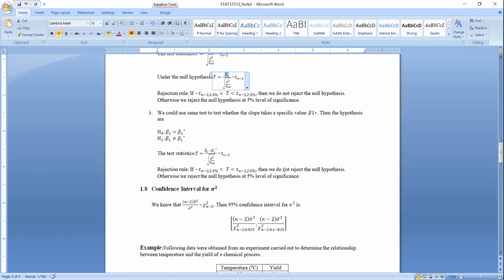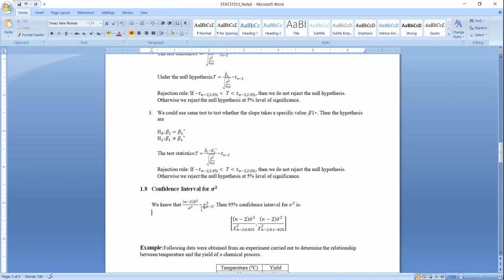And also, since we know from when we discussed it in the inference course, when you take this test statistic, that is, the estimated value of the population variance divided by the population variance, into n minus 2, this has a chi-square distribution with degrees of freedom n minus 2.